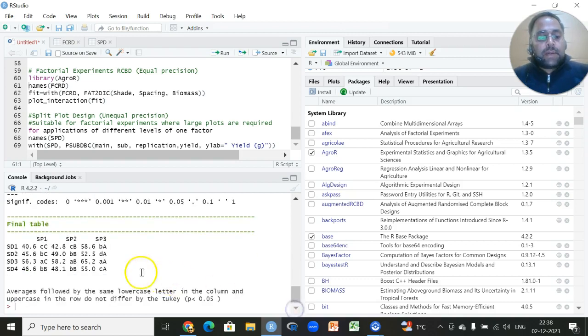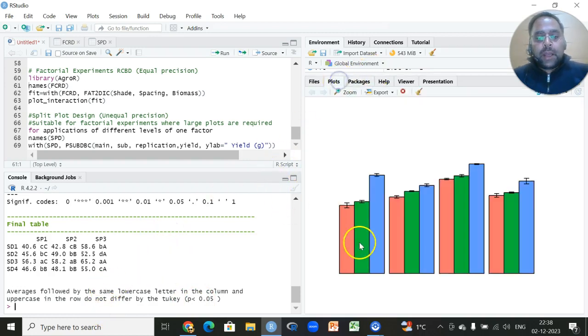Then we have a final, very important table. This is the interaction table. Here you can see the averages followed by the same lowercase letter in the column and the same uppercase letter in the row do not differ by the Tukey test, default p-value less than 0.05. We have a plot also here.